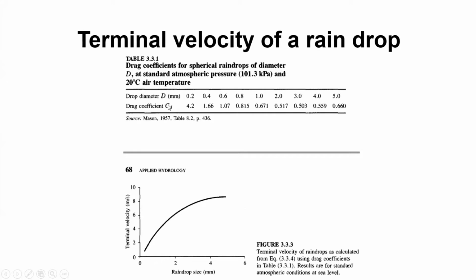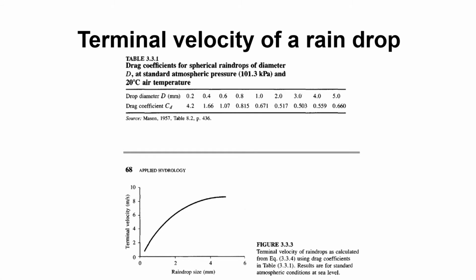The CD values are given for different ranges of diameters. These CD values are obtained using wind tunnel experiments. A wind tunnel is a kind of flume, but it is a closed flume, and the air is blown from one end. On the other side, we can fix any object such as a sphere or a plate.